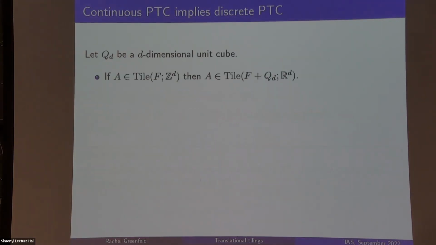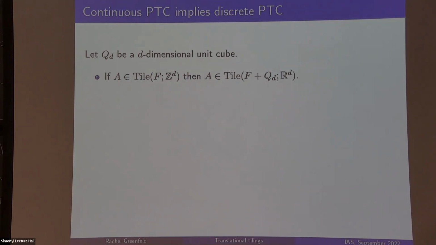So of course if I have a tiling in the discrete setup by a finite subset F, and I replace any point of F by a unit square that is centered at this point, I get a tiling of R^d. This is clear. The problem is that in R^d I have more degrees of freedom, and if I do that, I might obtain too many solutions that do not correspond to the tiling that I had in the discrete setup.